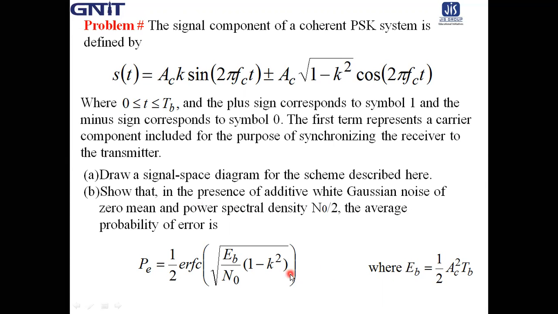Clear? So this is the expression of the coherent PSK system. First, draw its signal constellation diagram, the signal space diagram, where the plus sign represents symbol 1 and the minus sign represents symbol 0. And second, you have to calculate the average probability of error. So first draw the signal space diagram.